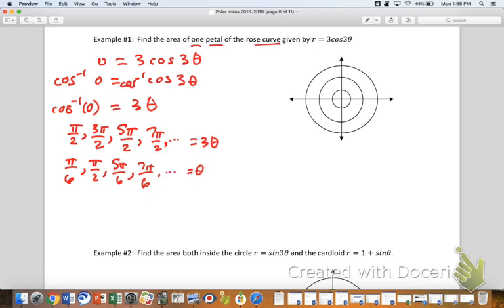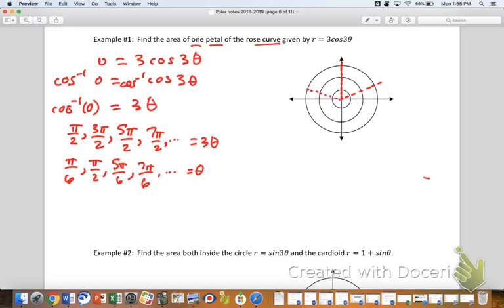All right, so let's start to think about how many radians are between each of these petals. So I've got pi over 6 to pi over 2, pi over 2 to 5 pi over 6. Well, let's see here. Start to plot this out a little bit. So pi over 6 would look something like that. Pi over 2 would look something like this. 5 pi over 6 would be about like that.